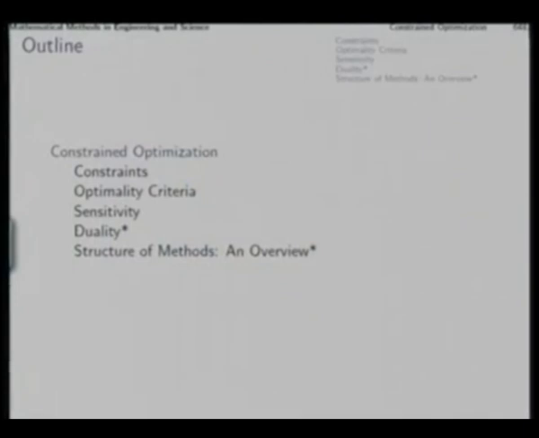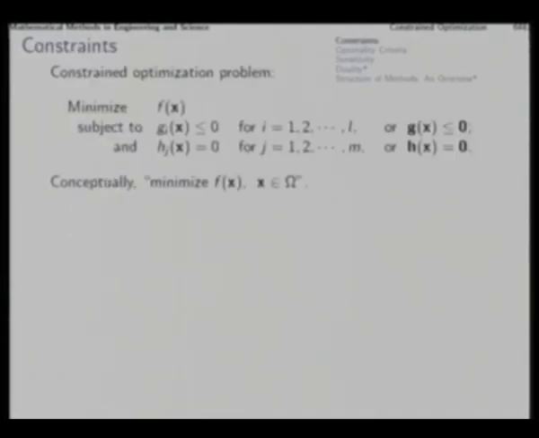In the last two lectures, we discussed unconstrained optimization. Now, in this lecture, we will discuss the basic framework of constrained optimization. First, we discuss constraints.